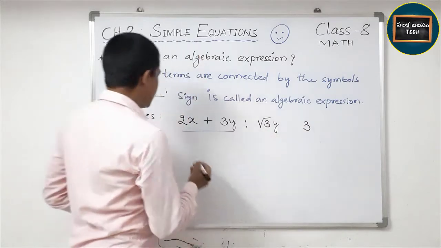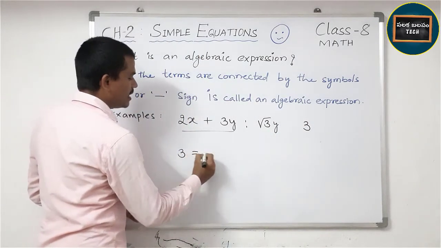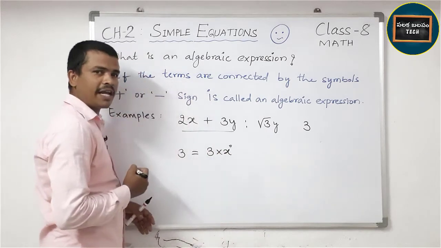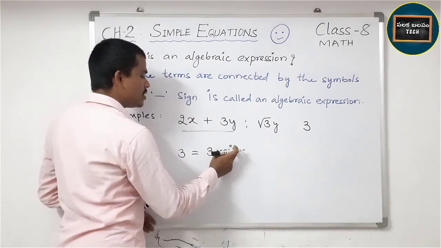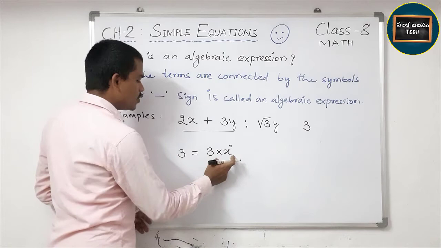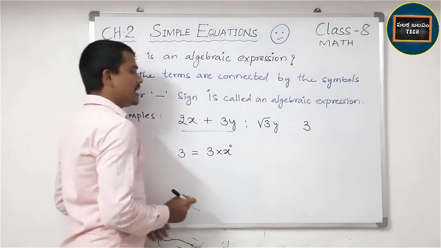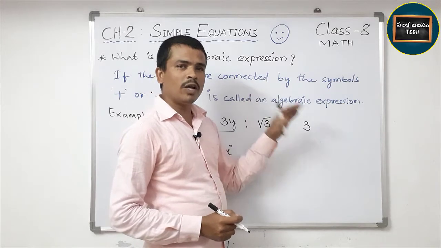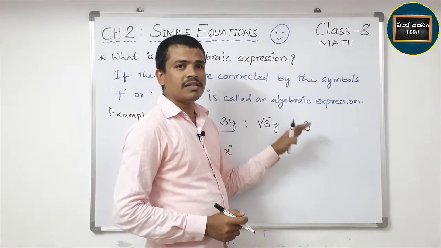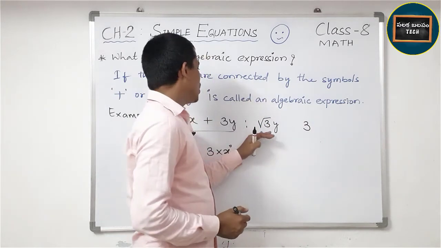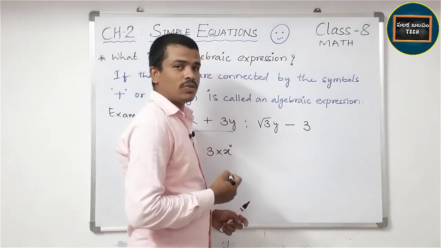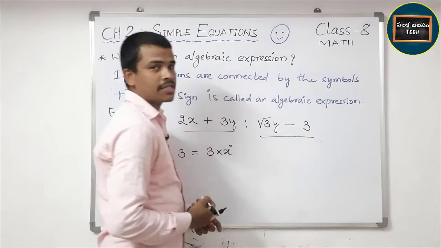Why? Because 3 can be written as 3 into x power 0. Something power 0 value is always 1. So 3 into 1, again 3 we will get. So here 3 is also considered as a term. Now here root 3y and 3 I am going to connect with a minus sign. Now it is called as an algebraic expression.